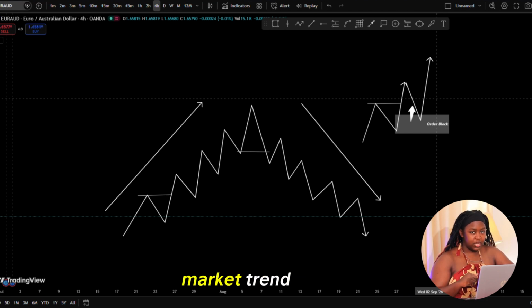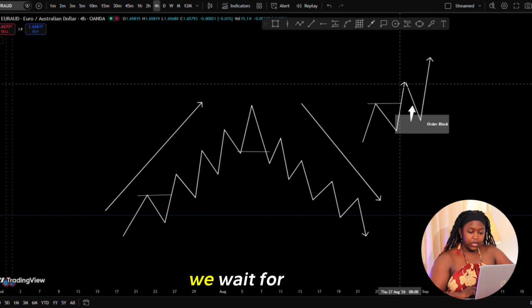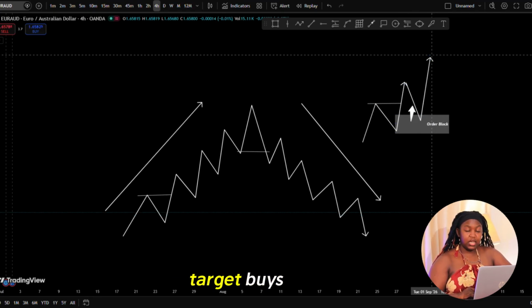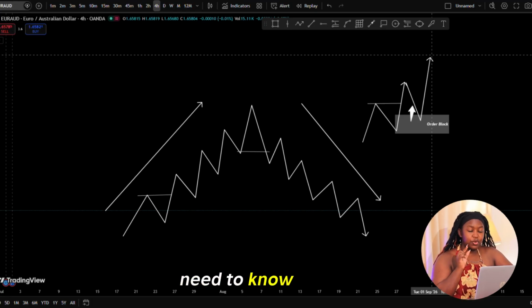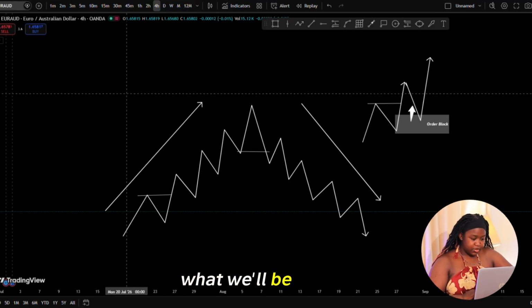That's according to market trend. So if we're moving bullish like this, we wait for price to retrace to this key zone here and then we target buys. You must wait for a retracement to that key level. Exactly. So that's what we'll be talking about.